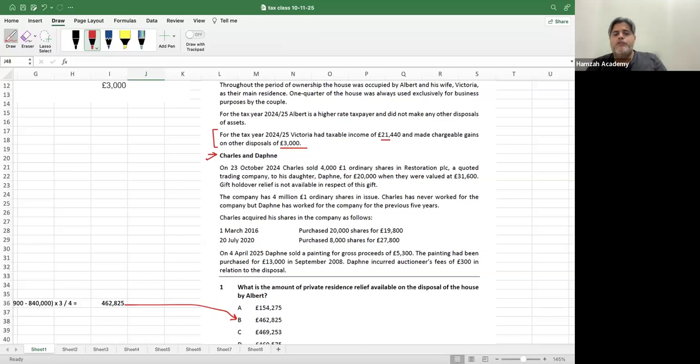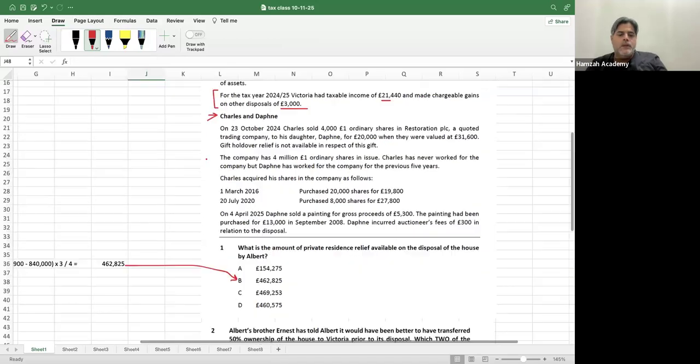And then on 4th April 2025, Daphne sold a painting for gross proceeds of 5,300, and the painting had been purchased for 13,000 in September 2008. Daphne incurred the auctioneer fee of £300 in relation to the disposal.